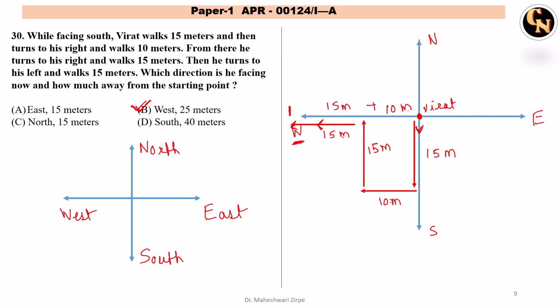So the total distance covered by him will be 25 meters. So this way we can calculate the given data using graphical representation and solve it: Virat is facing west and has covered 25 meters. So option B is the correct option from the starting point.